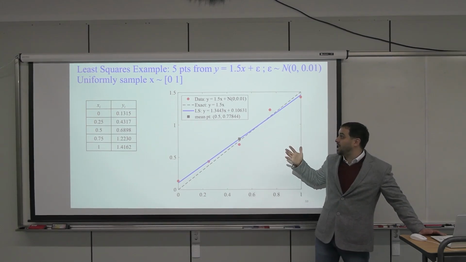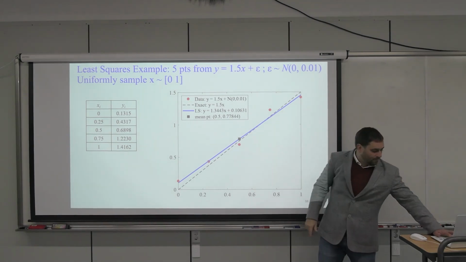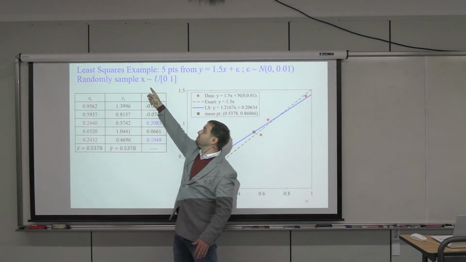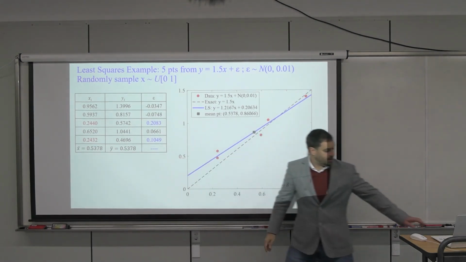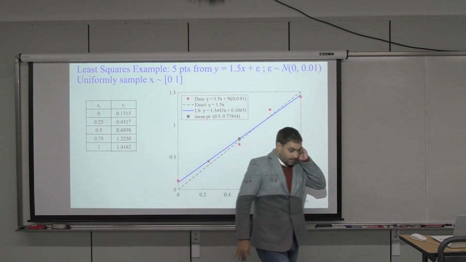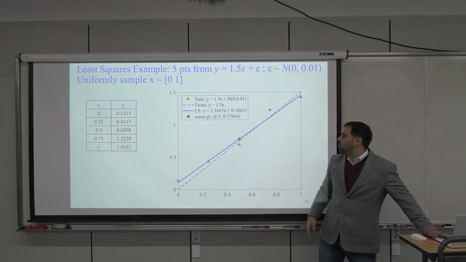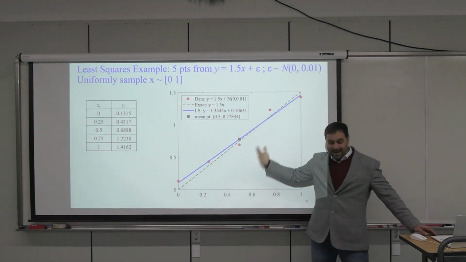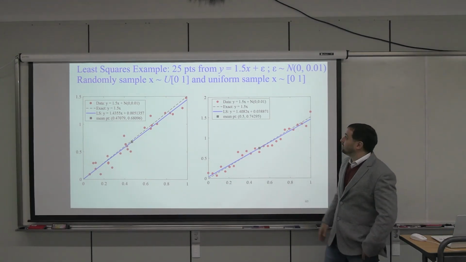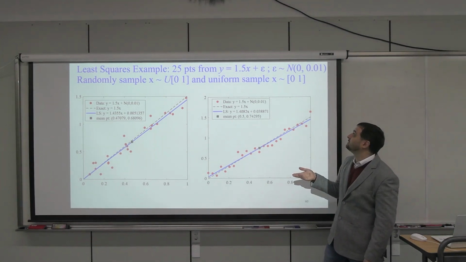We're always going to do two examples: one where we randomly sample the inputs, and one where we use the uniformly distributed sample. Now let's look at what happens when we add more data points. Here I'm doing 25 data points.